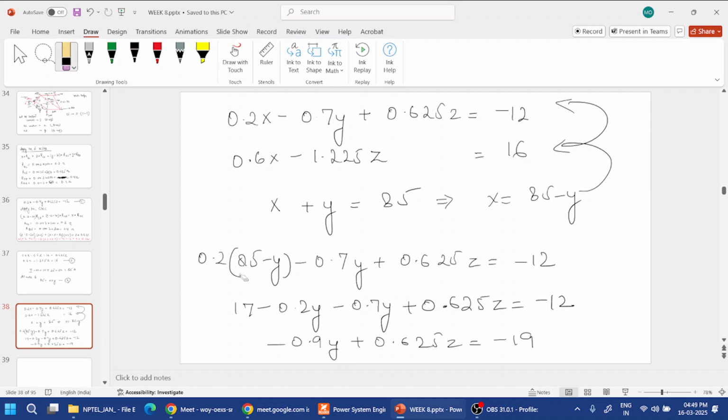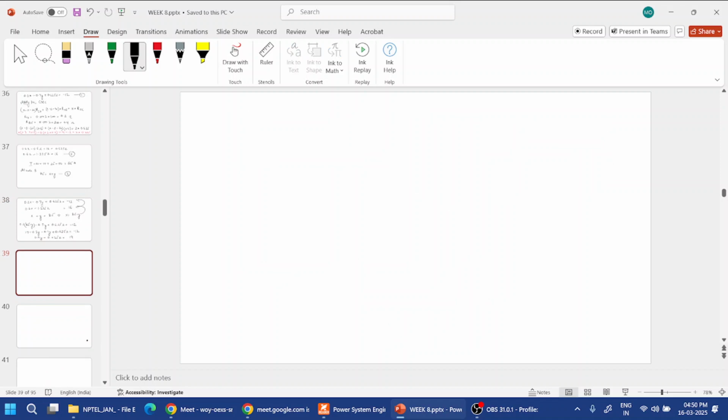If we take the minus sign off, it will be like this. Then if we put x as 85 minus y in this, 0.6 into 85 minus y minus 1.225z is equal to 16. So 0.6 into 85 comes out to be 51 minus 0.6y minus 1.225z is equal to 16.